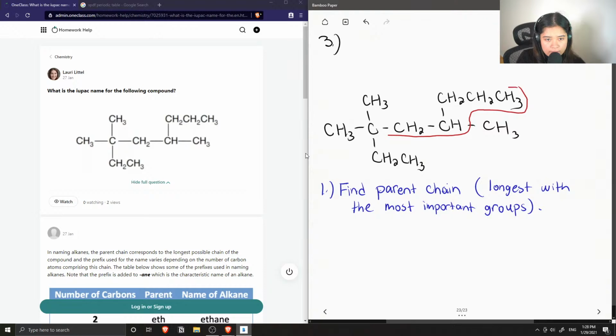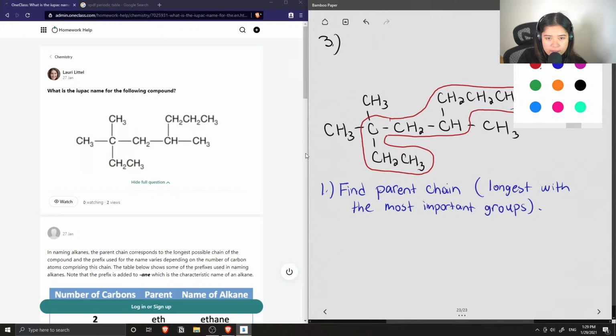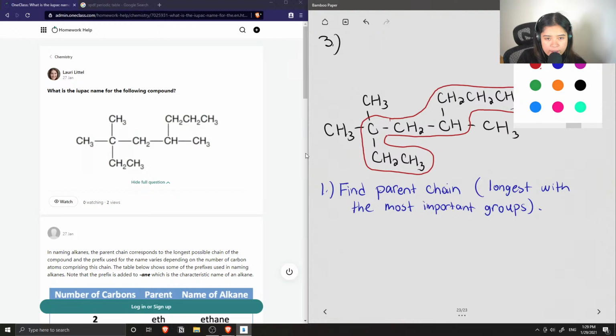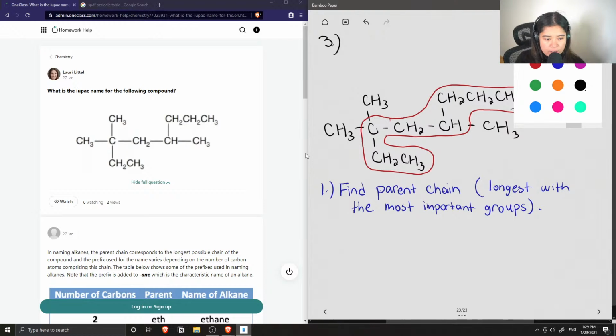And then we want to circle it so that we can visualize the chain. When choosing to go up or to the side or down, notice that if we go down, this is also the longest chain as well. Okay, so here I have circled the parent chain, which is the longest chain with the most important group. In this case, it's just the carbons.